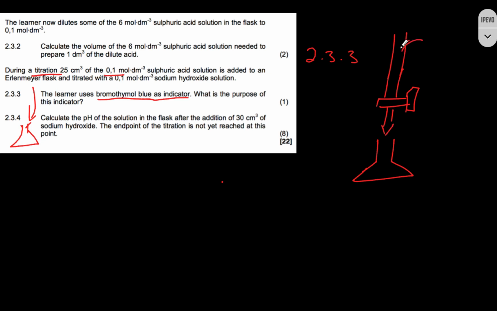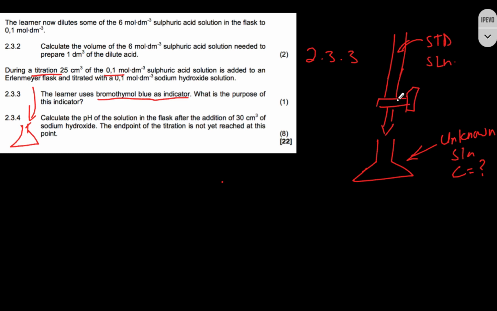In the burette, that's where you're going to put your standard solution, and in the flask, that's where you're going to put your unknown solution, the one whose concentration you don't know. Here you know its exact concentration. The definition of a standard solution is an accurately prepared solution of known concentration.